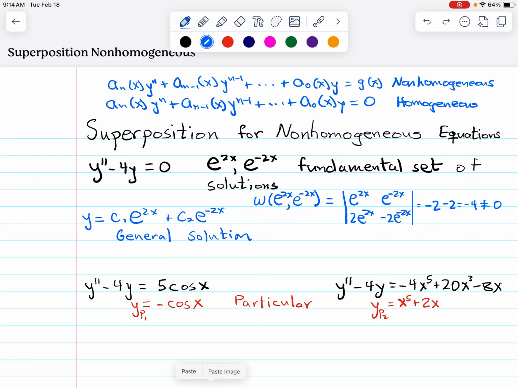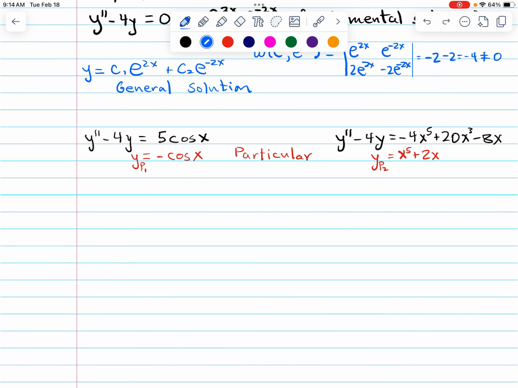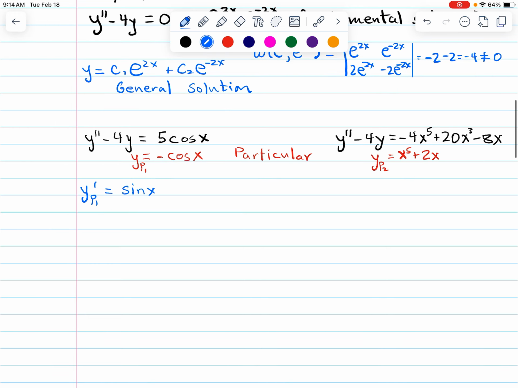Now, let's explore this a little bit. What I'm going to do is take the derivative. And you notice I get sine x. The first derivative of negative cosine is sine x. And then the second derivative is cosine x.